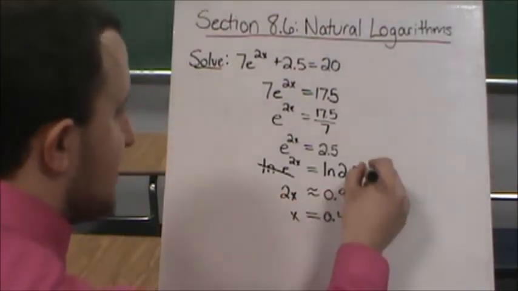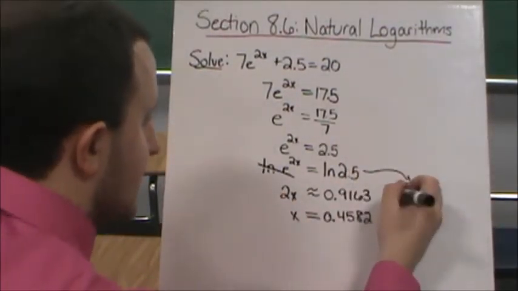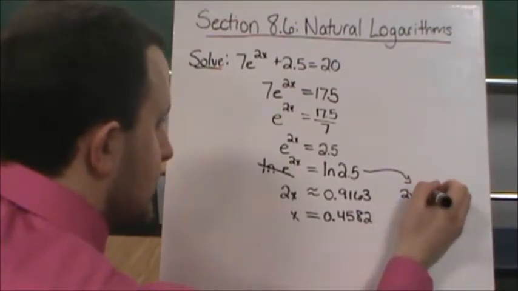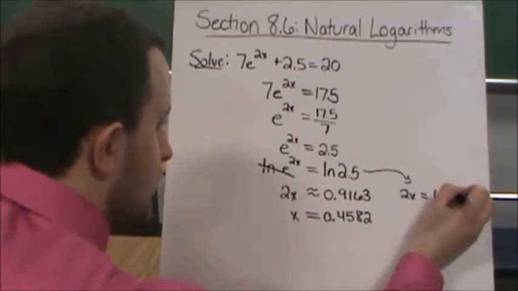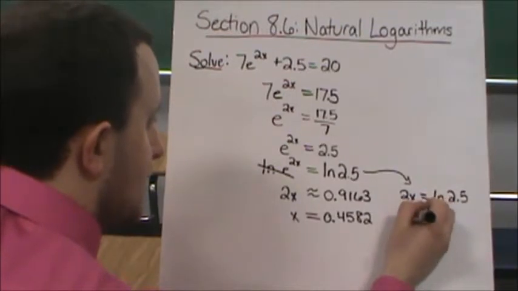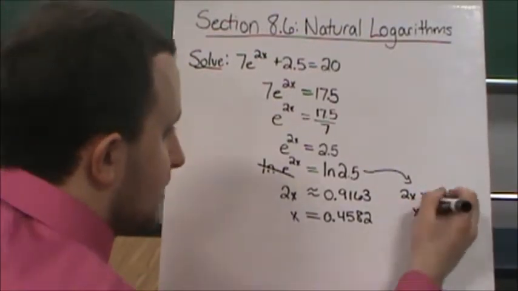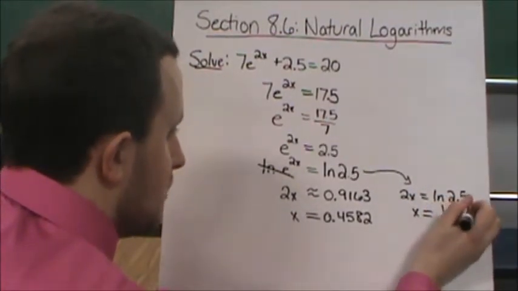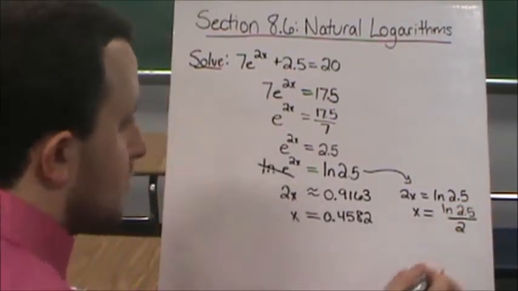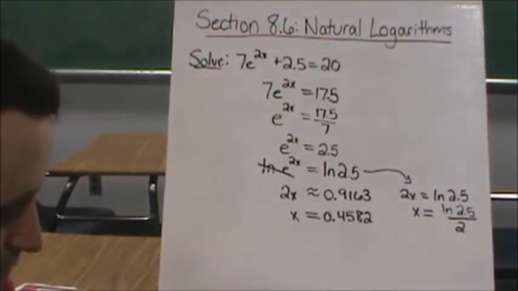If you wanted to be precise, you would go from here and say 2x equals ln of 2.5. And then when you divide by 2, you get x equals ln of 2.5 all over 2.